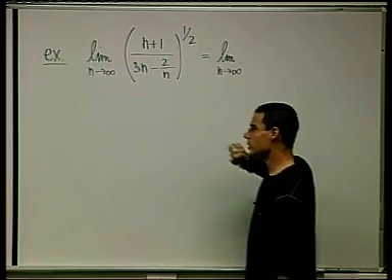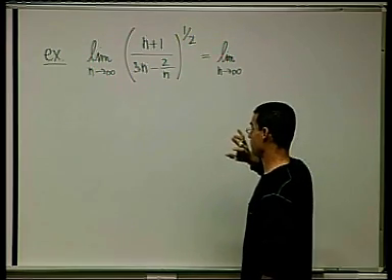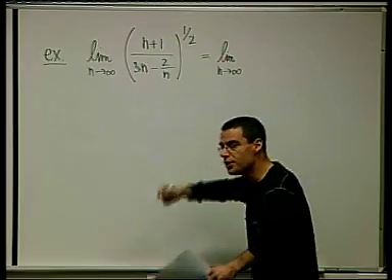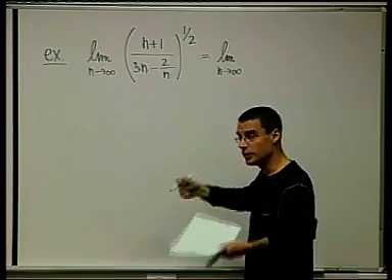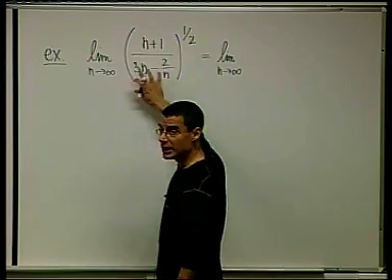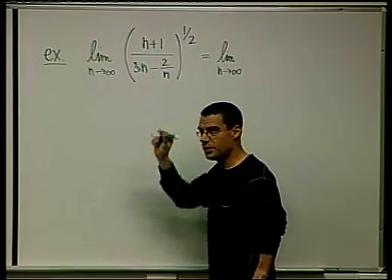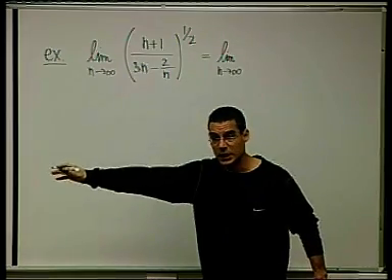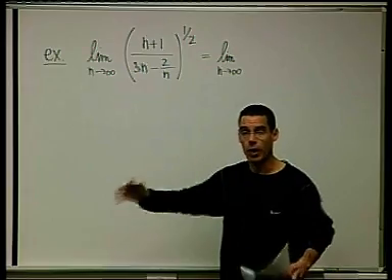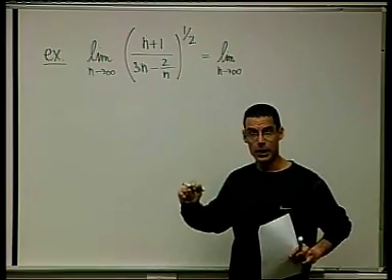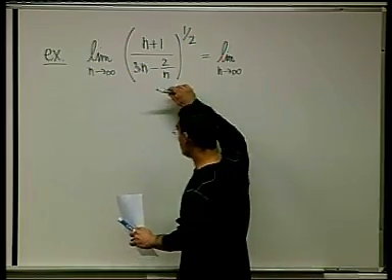Maybe this is a good place to remark the following. We can work algebraically on this as much as we want, but the taking of n to infinity has to happen at once, at one time. You can't do it in steps.